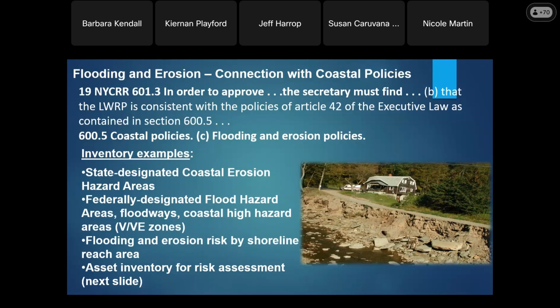The inventory would also include studies of shoreline reach areas that assess flooding and erosion risk, and an asset inventory for risk assessment. I will turn it over to Barbara to go over the risk assessment section.